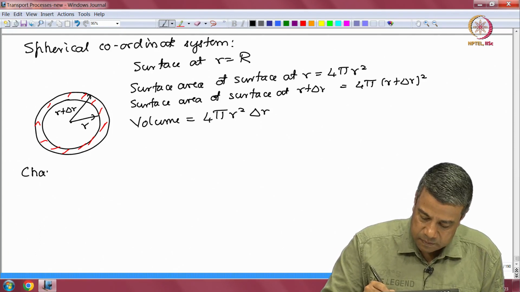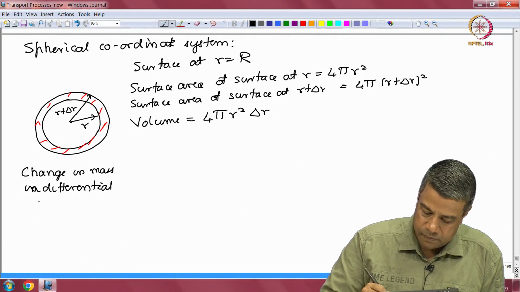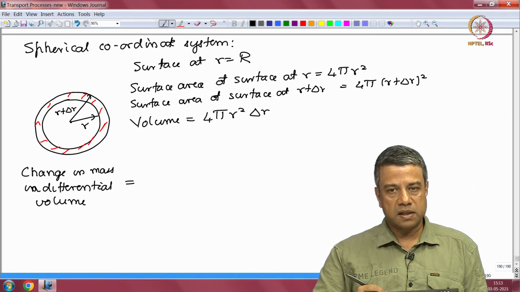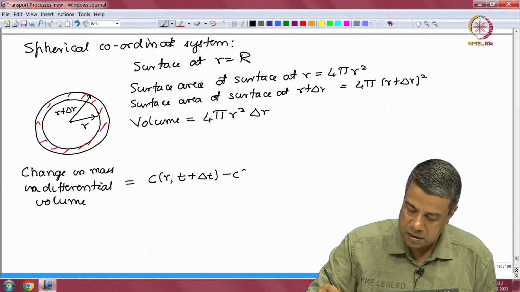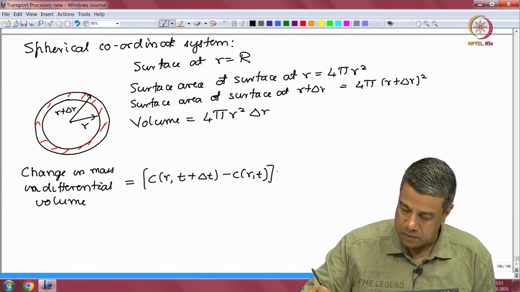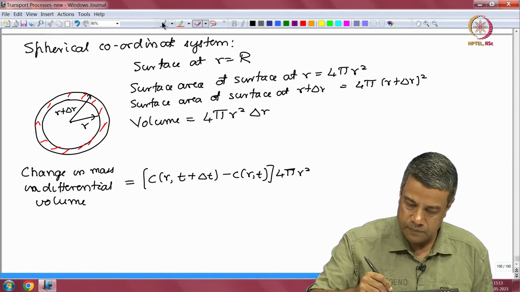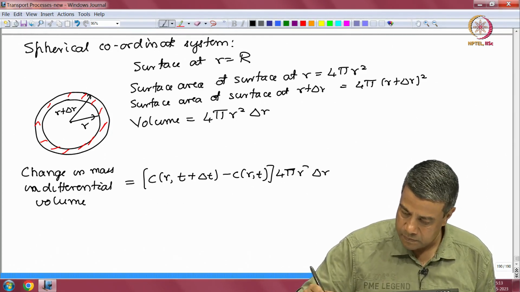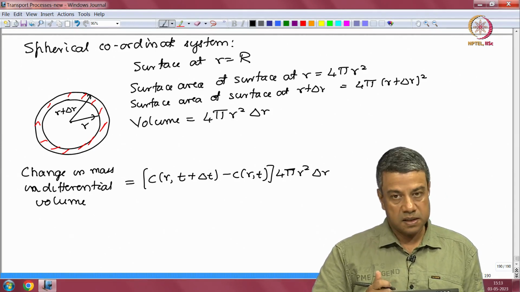Change in mass in differential volume is equal to the change in concentration times the volume: C at r, t plus delta t minus C at r, t, multiplied by the volume 4 pi r square delta r. That is the change in mass.